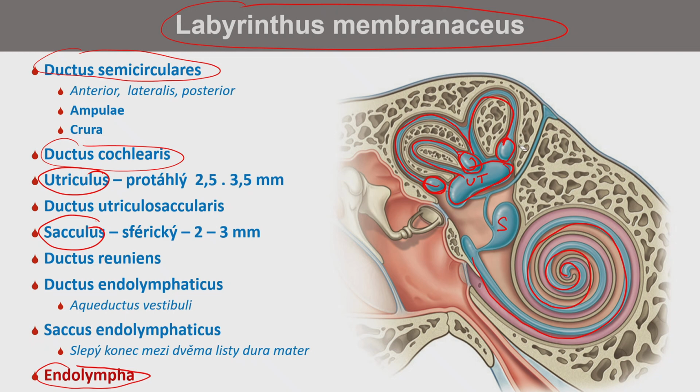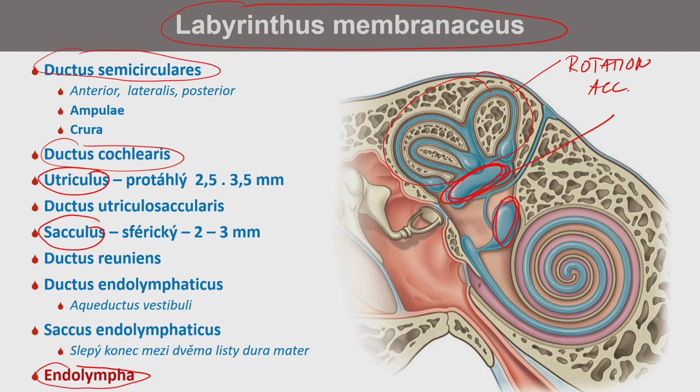So what are those structures used for? The semicircular channels are for rotational acceleration, the utricular and saccular part is for linear acceleration, and here in cochlea this is sound.